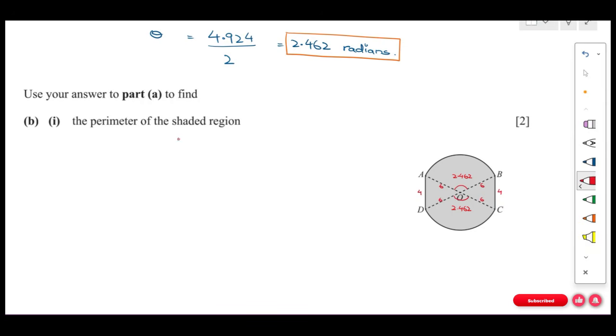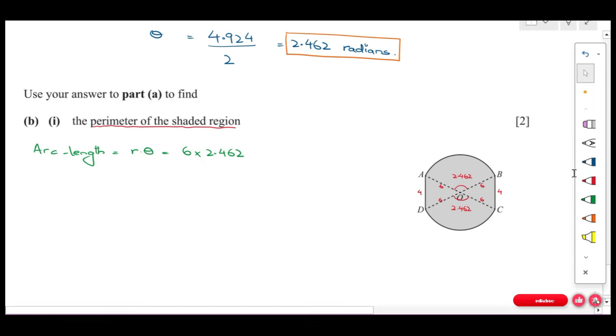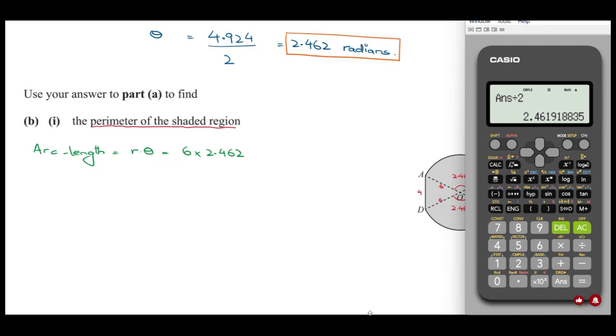Okay, so the perimeter of the shaded region is these two parallel sides BC and AD, which are 4, and the arc length as well. The angles are in radians, so the formula for the arc length is radius times theta. The radius is 6 and theta is 2.462 radians. Let me solve this.